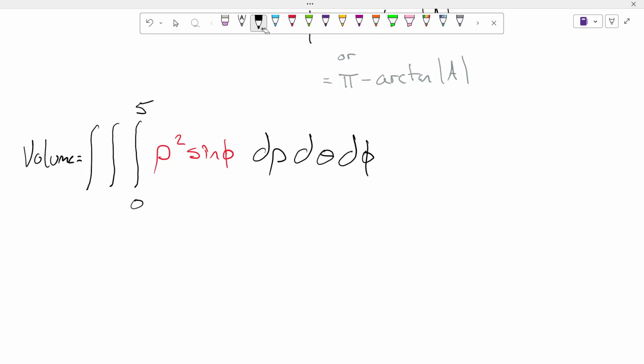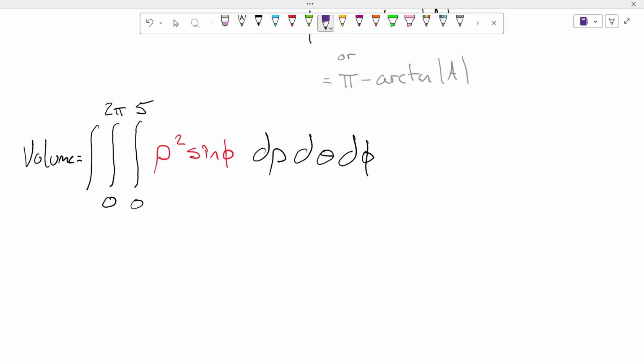Theta, we're going all the way around. There's nothing to stop us from doing the entire circle for theta, so we're 0 to 2 pi. Nothing told us to take specifically the left half or specifically the right half or something like that. So 0 to 2 pi for theta, we just use our default choice.